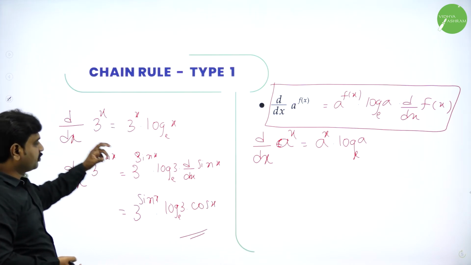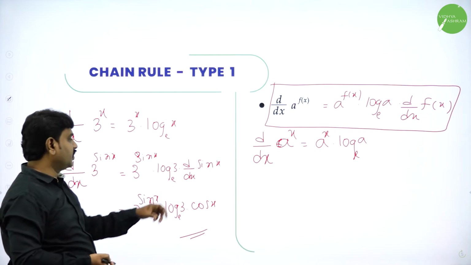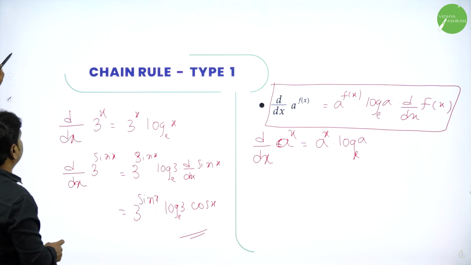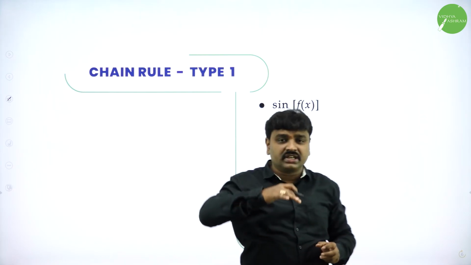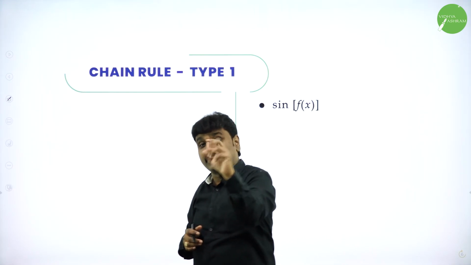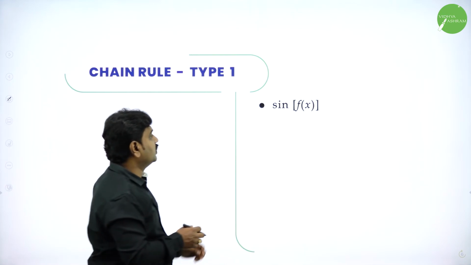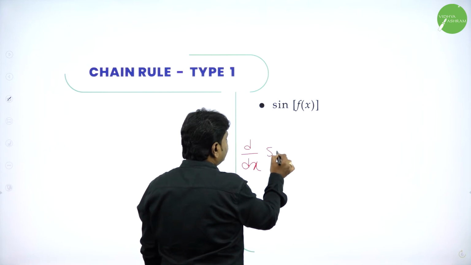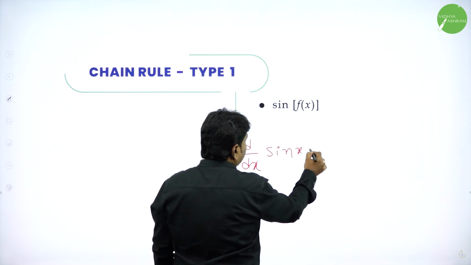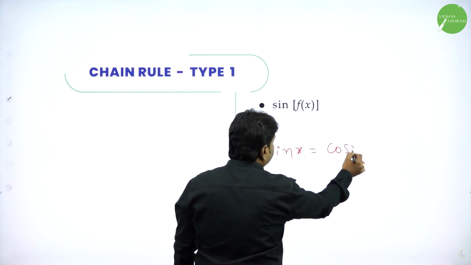So a power f of x is a power f of x into log a into derivative of f of x. Next, sin of f of x. See, inside sin you don't have just x, if you have a function, it is composite again. So what is d by dx of sin x, my dear students? You know the formula list, differentiation of sin x is cos x.